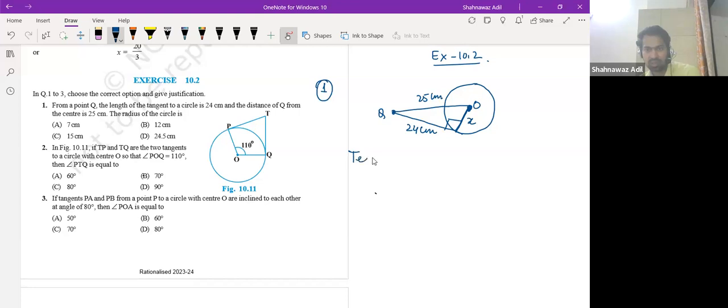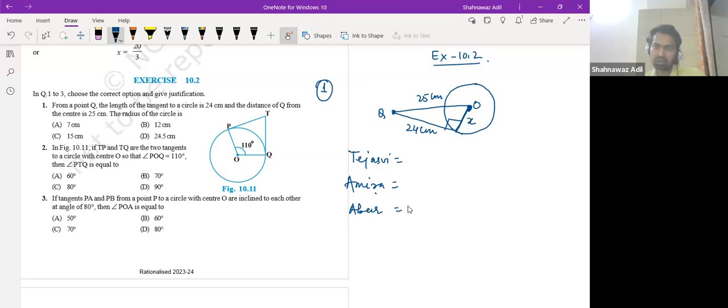Okay, so Tejasvi, Amira, and Abir. I've already talked about the triplets, but okay, so you guys calculate and tell. 7.